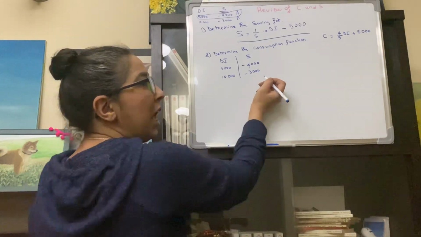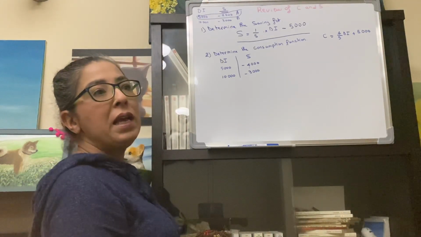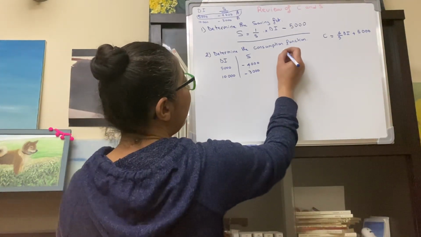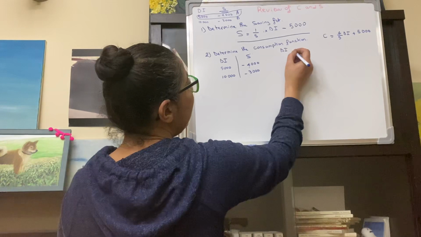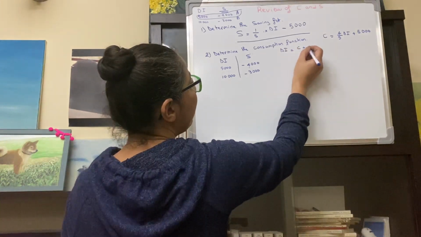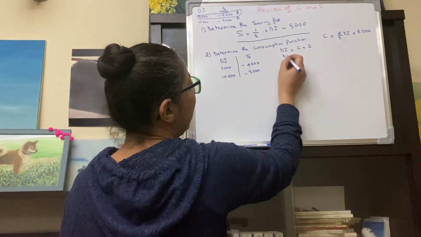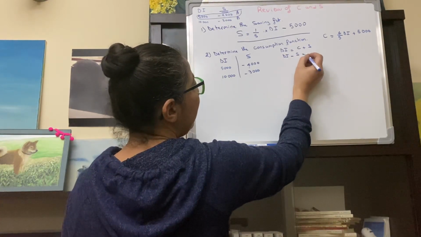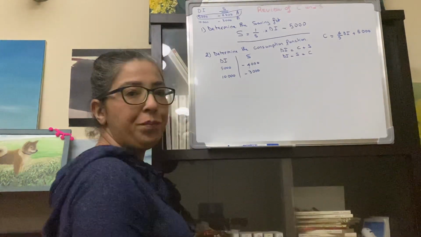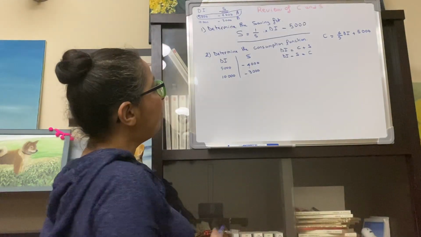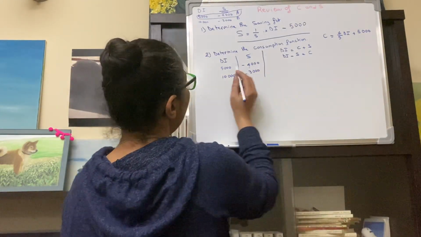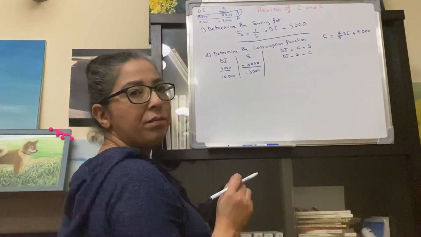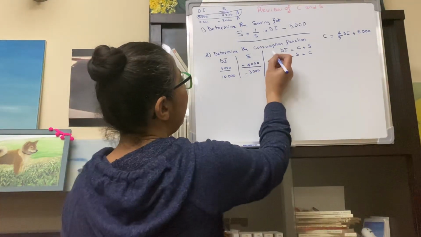So in order to calculate my consumption, I know that DI is equal to C plus S, so DI minus S is equal to consumption. So I'm simply going to do this one minus this one. It's going to give me my C.